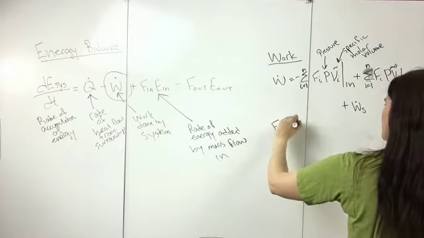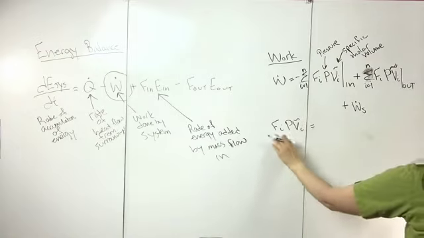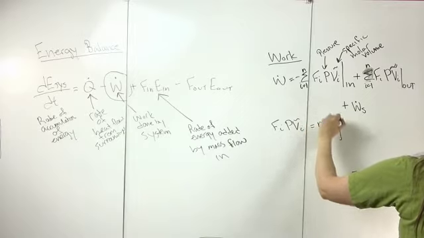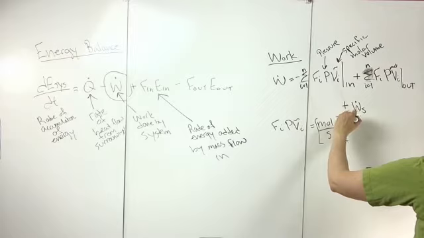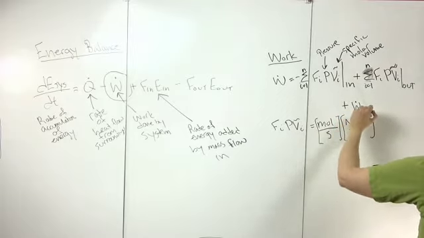Fi P Vi: first of all, this is the molar flow rate, so moles per second, multiplied by pressure, I'm just going to say Newton per meter squared.